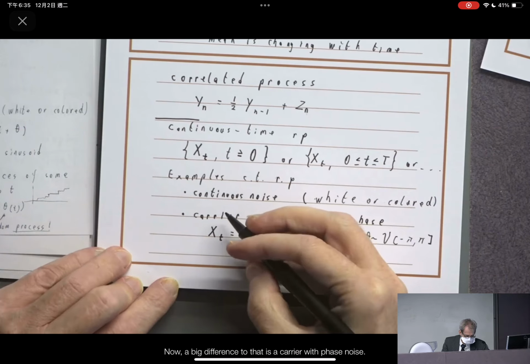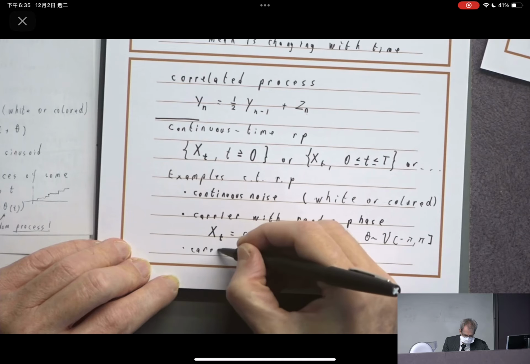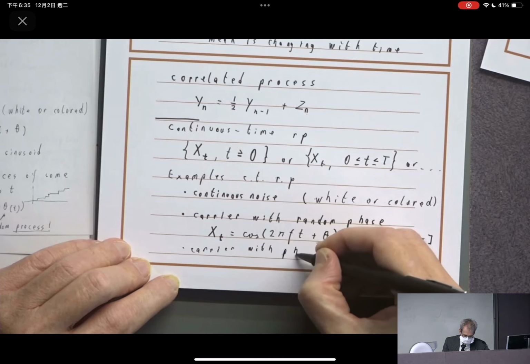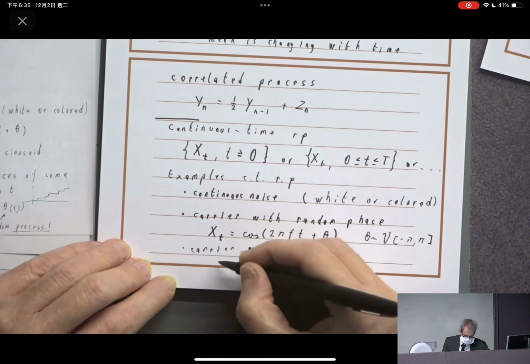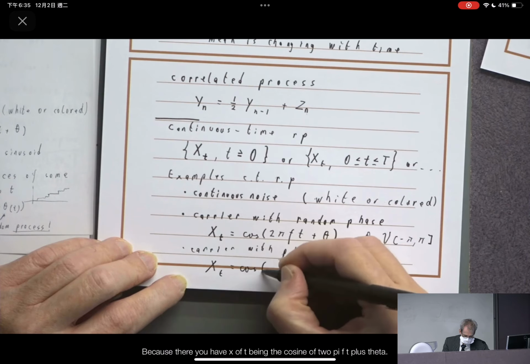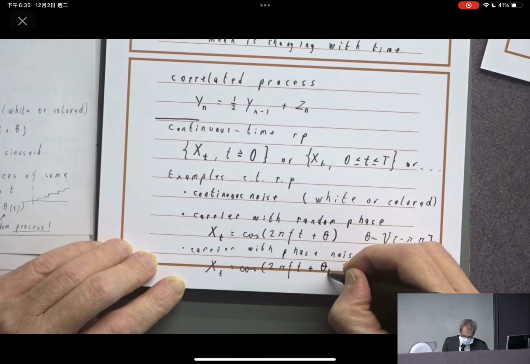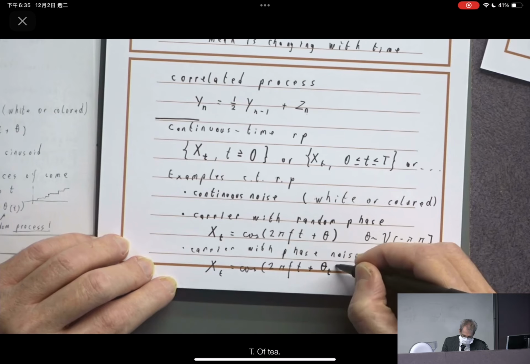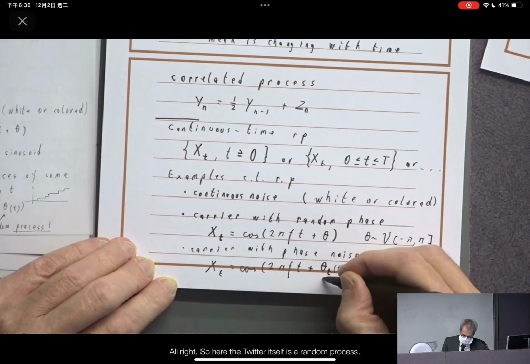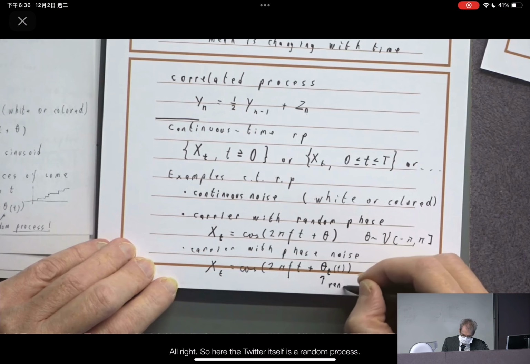Now, a big difference to that is a carrier with phase noise, because there you have x(t) being the cosine of 2 pi f t plus theta(t). Right? So here, theta itself is a random process.